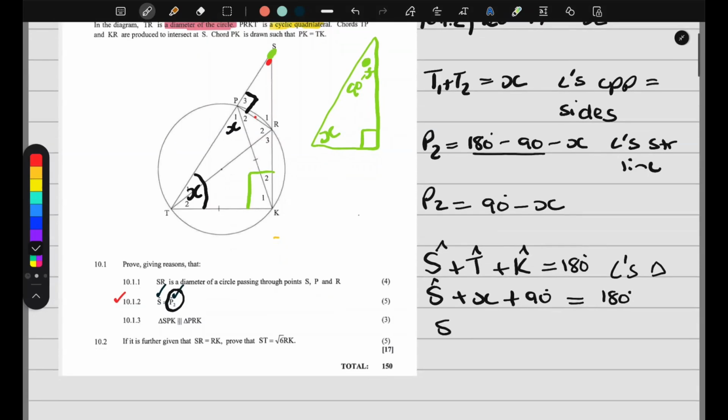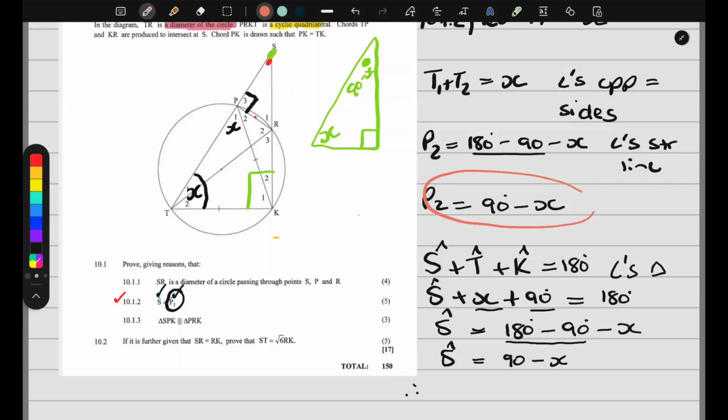So now angle S is 180 minus 90 minus X. So I'm bringing this and this over. So angle S is, this is 90 minus X. And P2 is 90 minus X. S is 90 minus X. Therefore, angle P2 is the same as angle S.